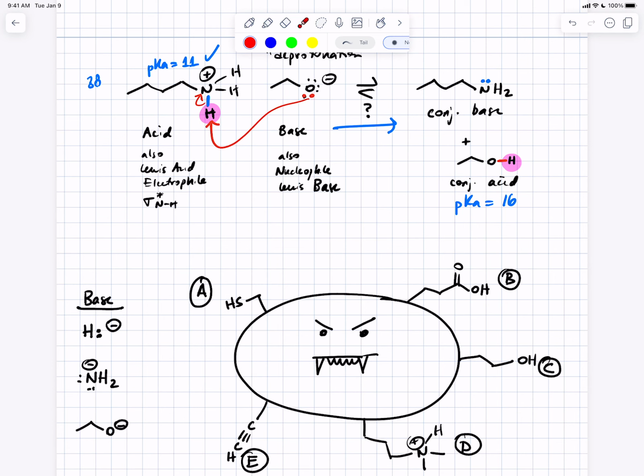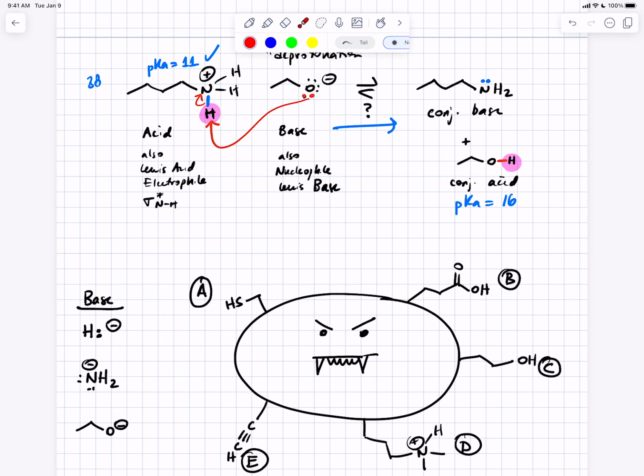Let me say that again, because that's going to be difficult. All I'm doing is really summarizing this example that we've gone through. A base can remove a proton whose pKa is less than the pKa of the conjugate acid of your base. That's just another way of writing out this equilibrium and deciding who wins.